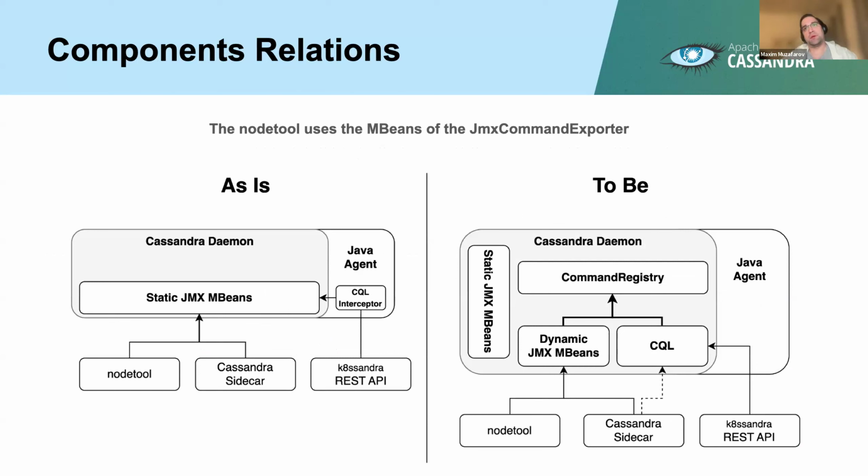There will be a command registry with all the commands. We will have dynamic MBeans for nodetool that will basically represent the same thing as nodetool has right now. And I think the CQL exporter should be included in the initial scope. So alongside improving the binary protocol, we will make these commands available through CQL.